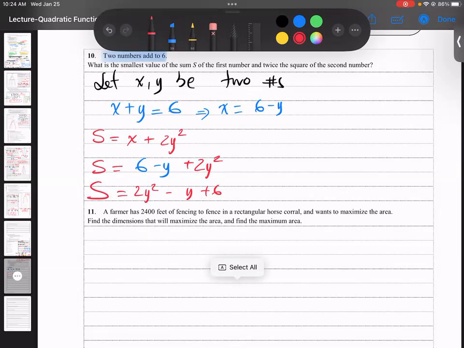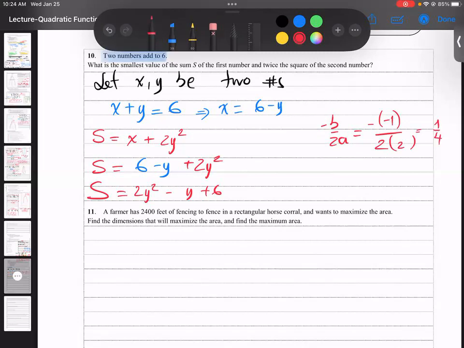So the vertex is going to be negative b over 2a. You plug it in. b is negative 1. By the way, here x and y are not important because it's an application. It is a function of y. a is 2, so 1/4.